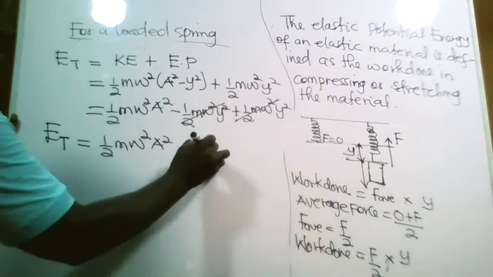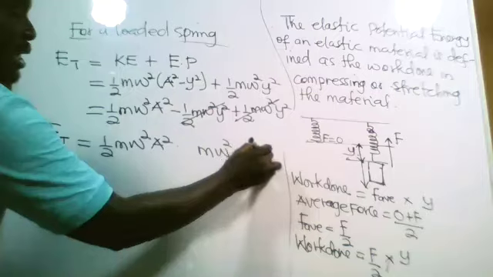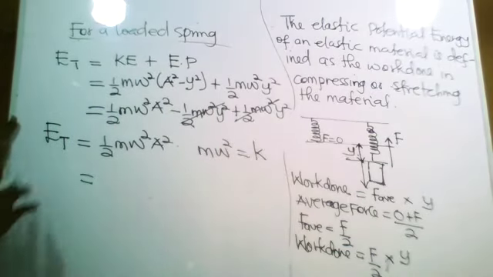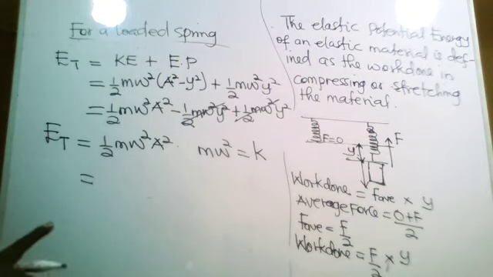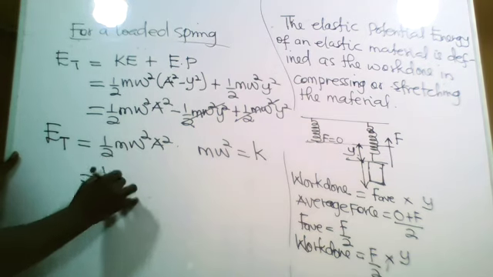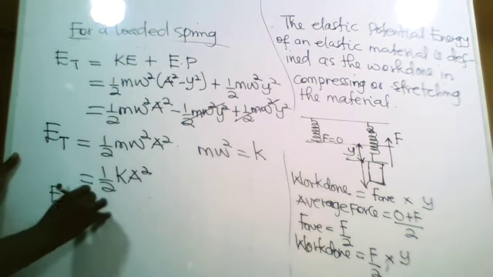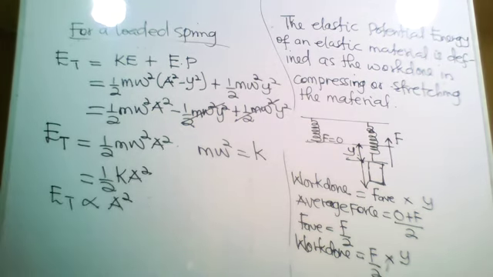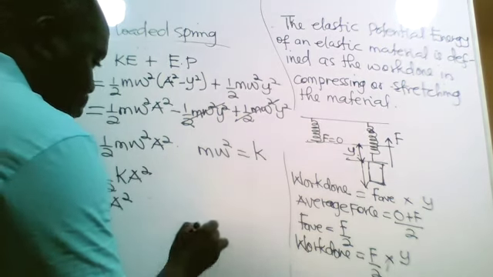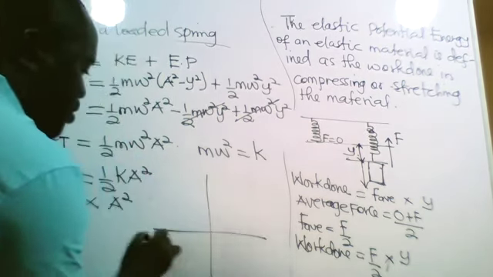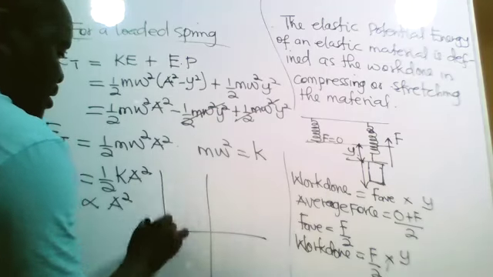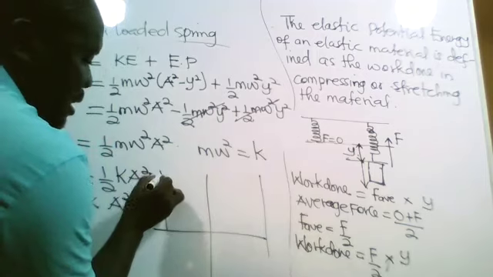Since m omega squared is equal to k, we can also say that the total energy possessed by a body executing SHM is also half k a squared, meaning the total energy is directly proportional to the square of the amplitude.